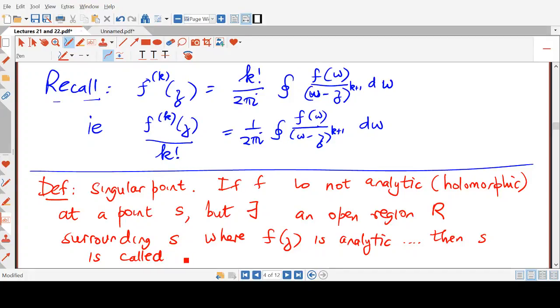This is just a word. So basically it means where the denominator is 0.